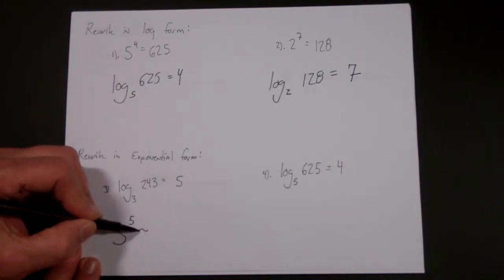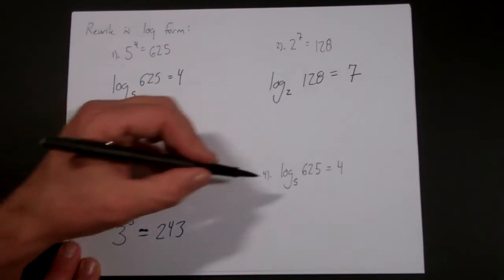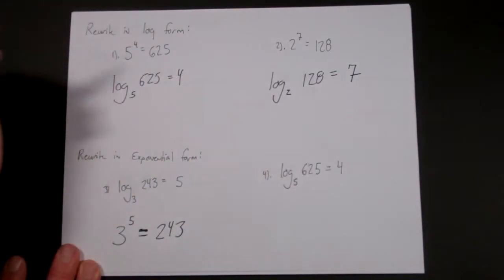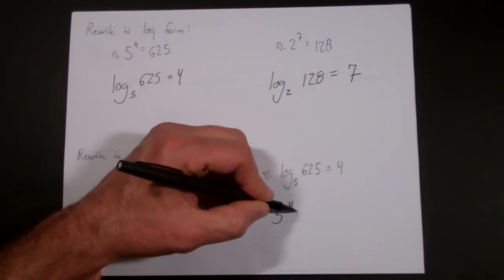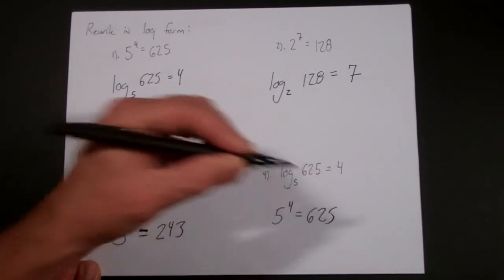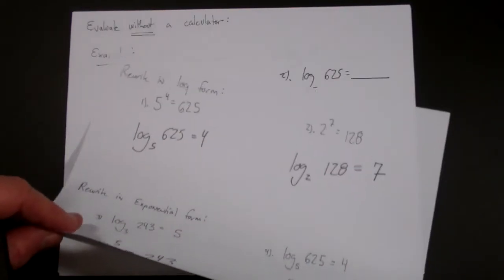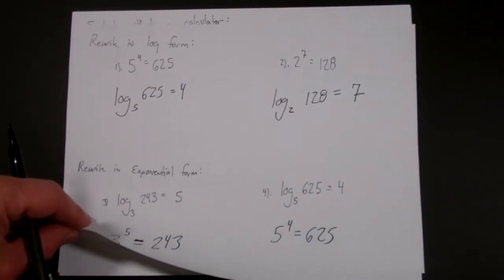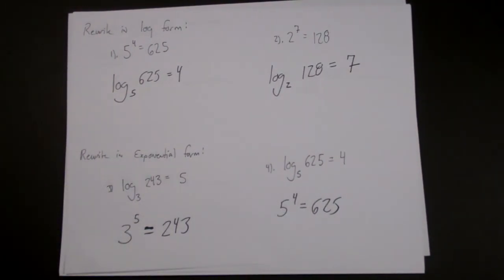So that's 3 to the 5th is equal to 243. And for this one, the log base 5 of 625, that's actually exactly the same as this one. You have 5 to the 4th is equal to 625. And that's how you rewrite in log form and rewrite in exponent form. We're going to stop this video here and then we'll go on to the 4th video next.